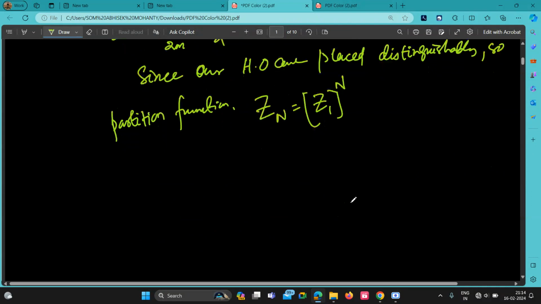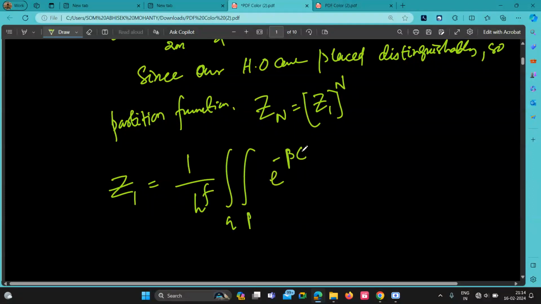Now your Z1 will be written as 1 by h to the power f, integration dfq dfp e to the power minus beta epsilon. Where f is what? f is the degree of freedom.